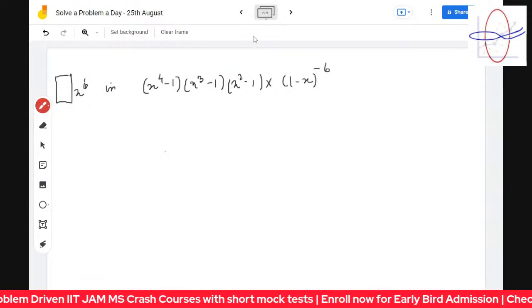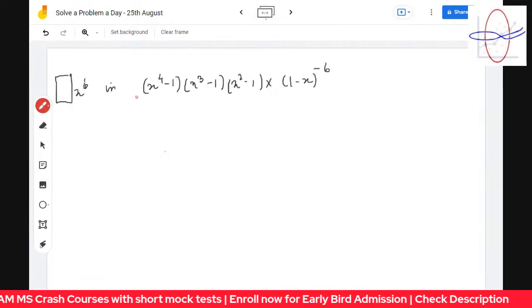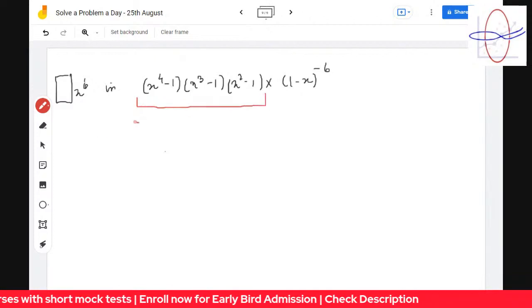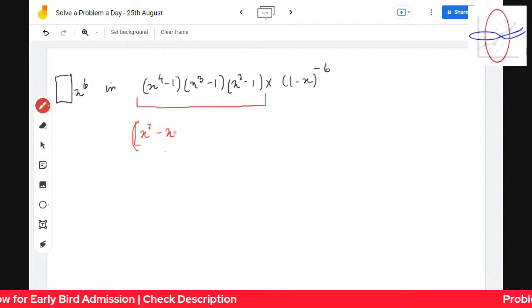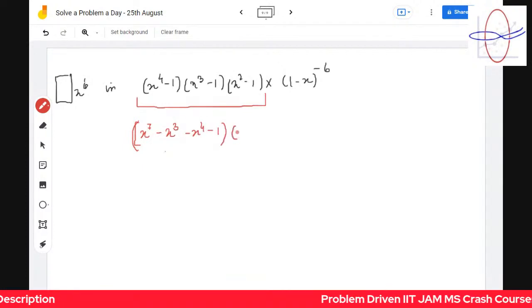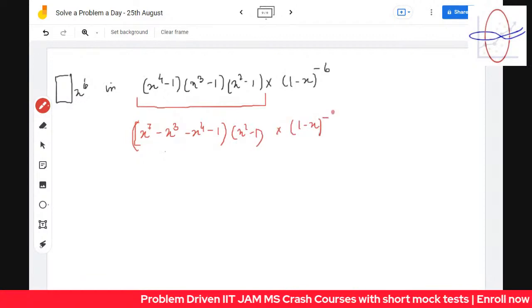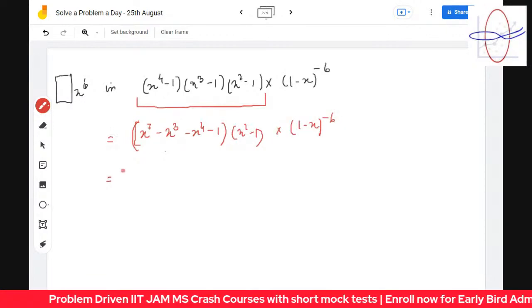Let's think about it. So let's first multiply this part. So you get x to the power 7 minus x cube minus x to the power 4 minus 1 into x square minus 1 into 1 minus x whole to the power minus 6. Let's multiply it again.